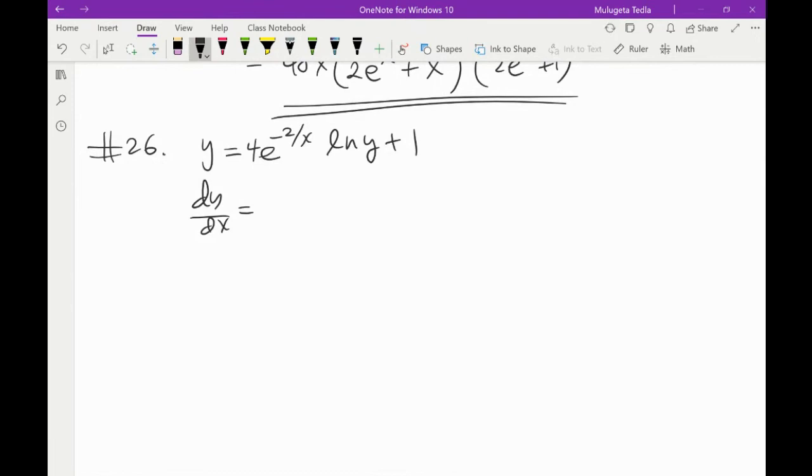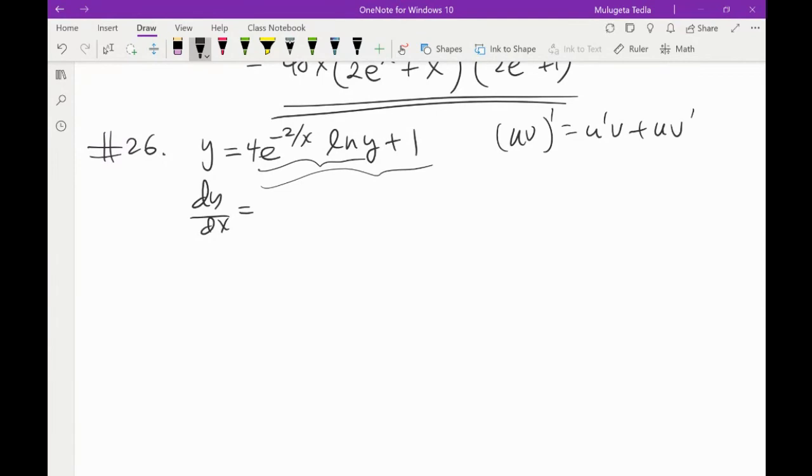Here is the product rule, but overall it is a sum of two terms. So the derivative is the derivative of the first plus the derivative of the second. The derivative of the second is 0. The derivative of the first is the product rule: (uv)' = u'v + uv'.